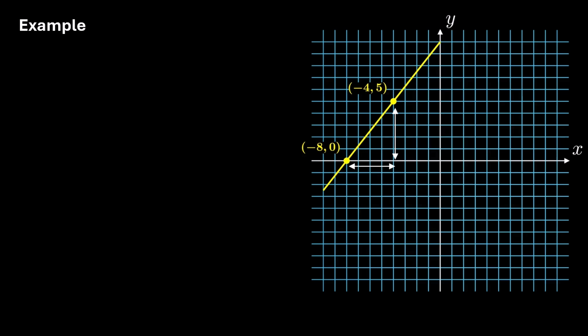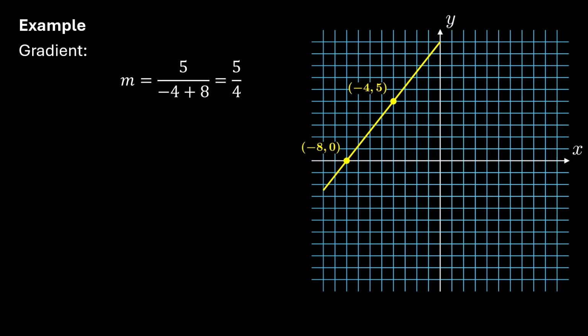Therefore, the gradient for our example is equal to 5 minus 0 divided by minus 4 minus minus 8, which equals 5 over minus 4 plus 8. Tidying up gives us that m equals 5 over 4.